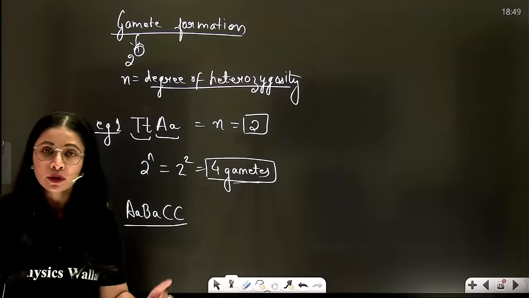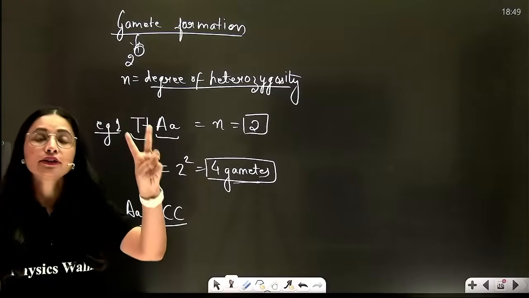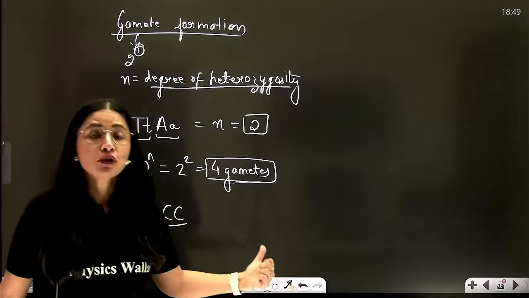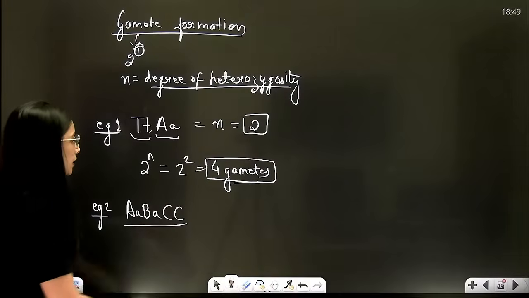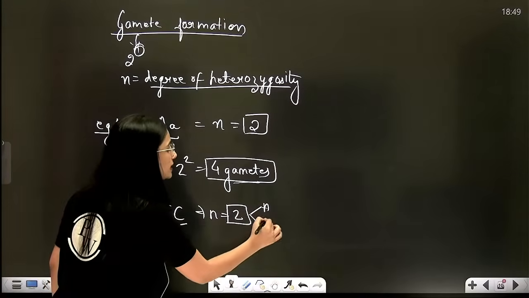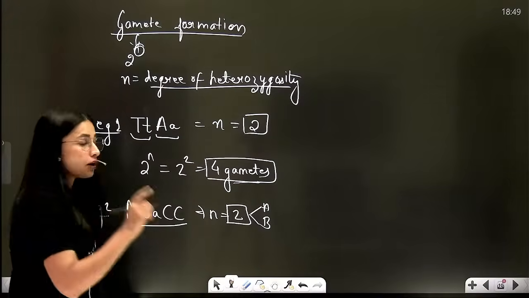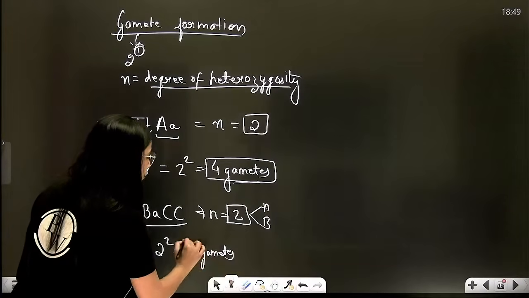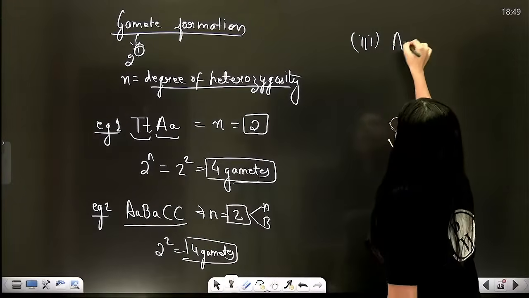So total number of genes is 3, but for gamete formation only 2 genes will contribute, that is A and B. C will not contribute according to the formula. So here the value of n will again be 2, because only 2 genes are heterozygous, A and B. C is homozygous, you are not going to count it. So 2 to the power 2, again 4 gametes.